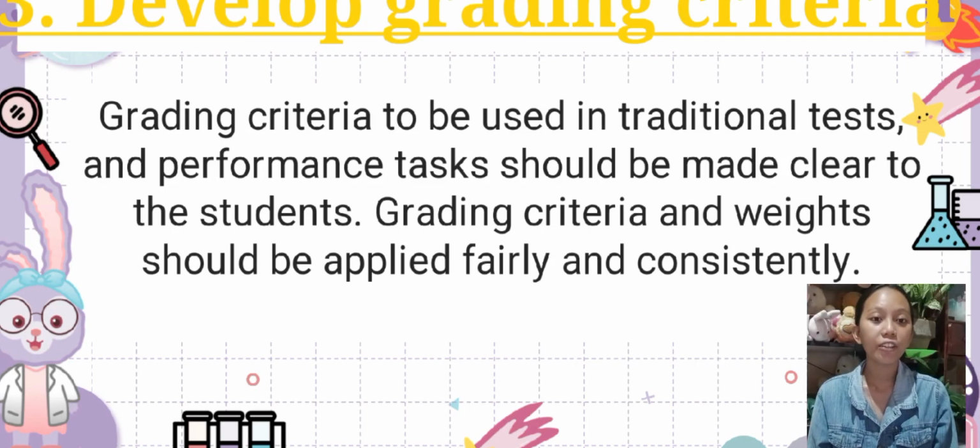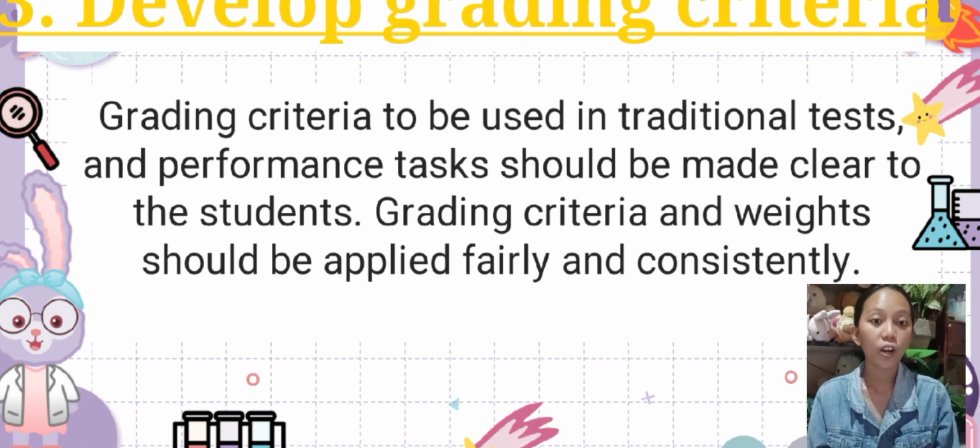The third guideline is develop grading criteria. Grading criteria to be used in traditional tests and performance tasks should be made clear to the students. Similarly, learners should also be informed of the weight of each criterion. Grading criteria and weights should be applied fairly and consistently.